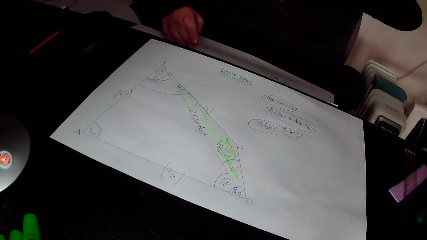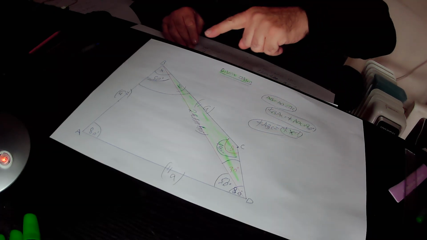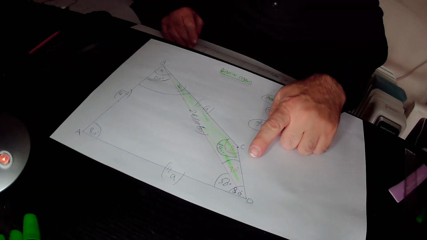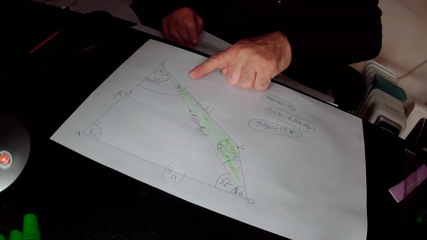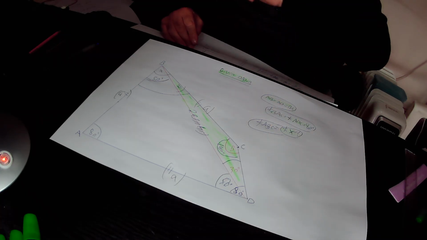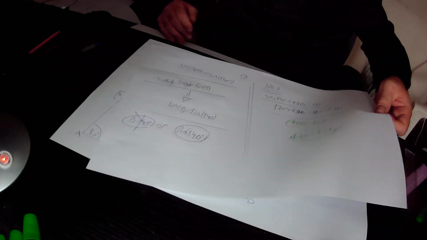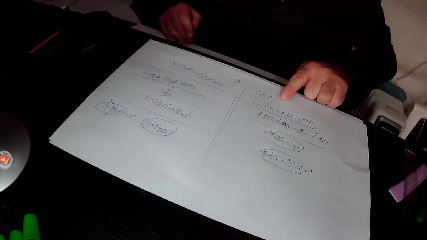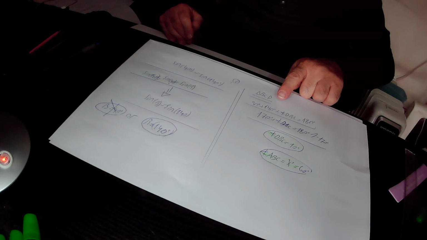We know that the sum of the angles in triangle BCD must be equal to 180 degrees. So which angles do we have in the green triangle BCD? We have 30 degrees plus 140 degrees, plus this angle, which is angle DBC. In total, the sum of those angles must be equal to 180 degrees. 30 degrees plus 140 degrees is 170 degrees.